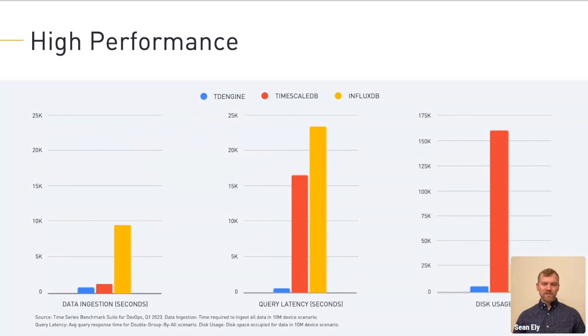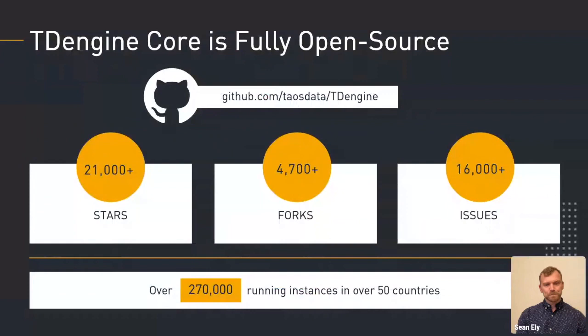And in terms of query performance, TDengine was a staggering 37 times faster than Influx. I also want to mention that TDengine is fully open source. So as an open source database, it's very popular. It has over 21,000 stars on GitHub and over 270,000 running instances in over 50 countries.